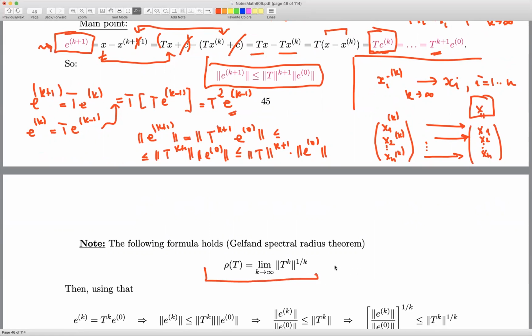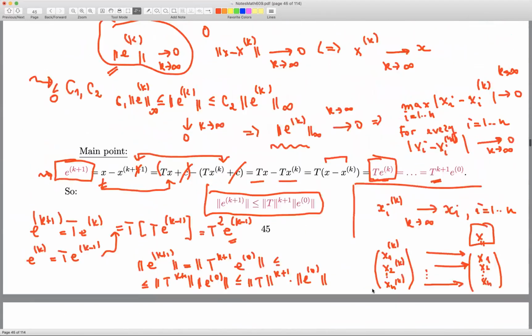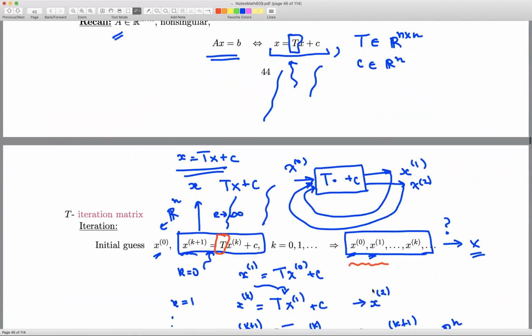Let me point out that we in fact showed, and this is true for every induced matrix norm, that the spectral radius of the matrix T is less than or equal to the norm of the matrix T to power k, raised to power 1 over k.